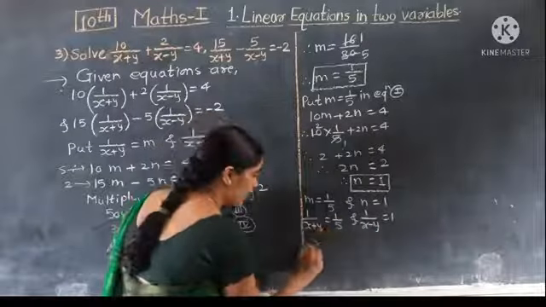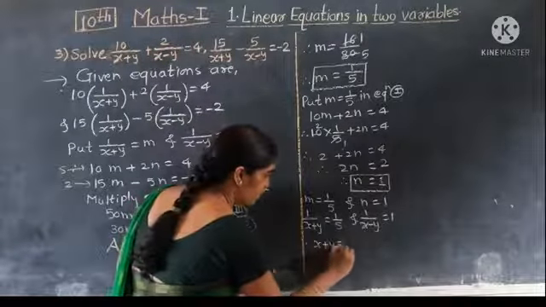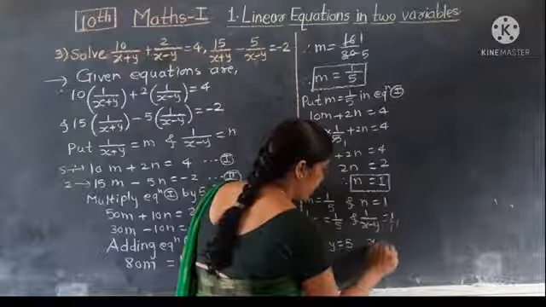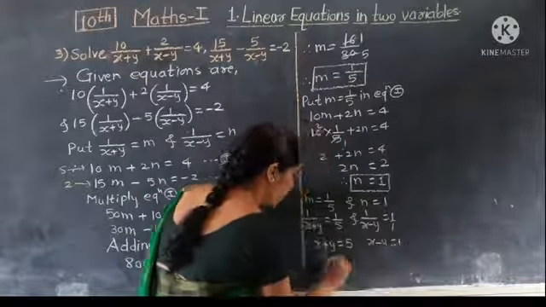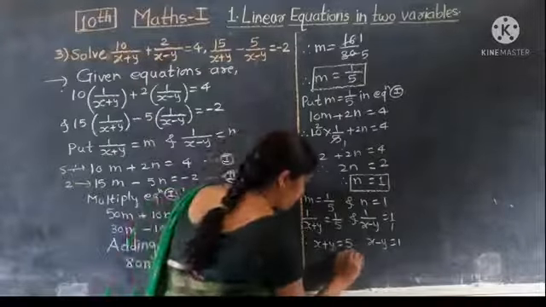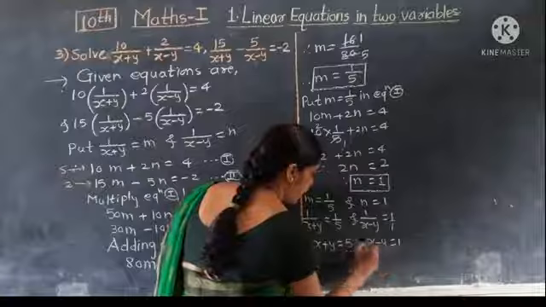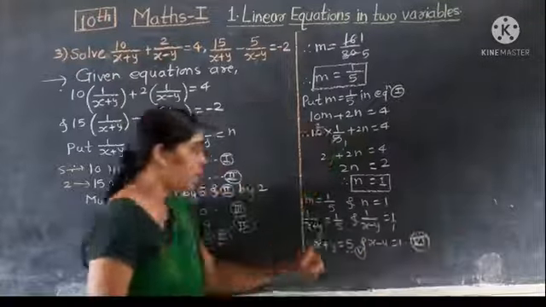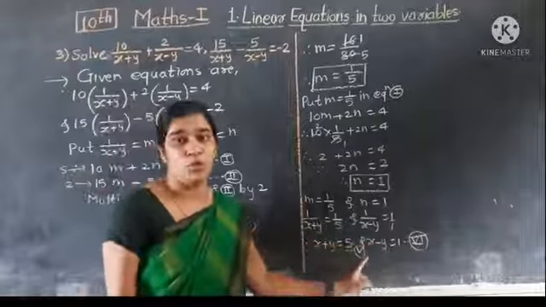You cross multiply, x plus y is equal to 5 and here x minus y is equal to 1. You call this equation number 5th and this equation 6th.